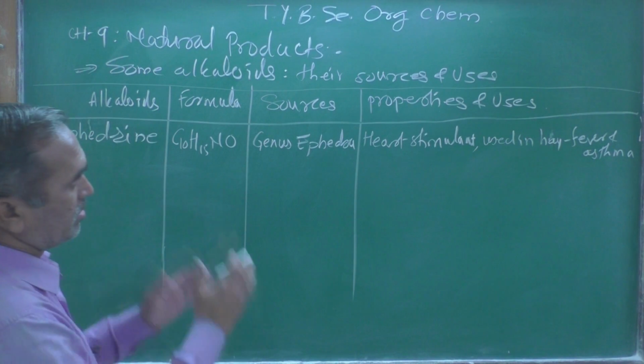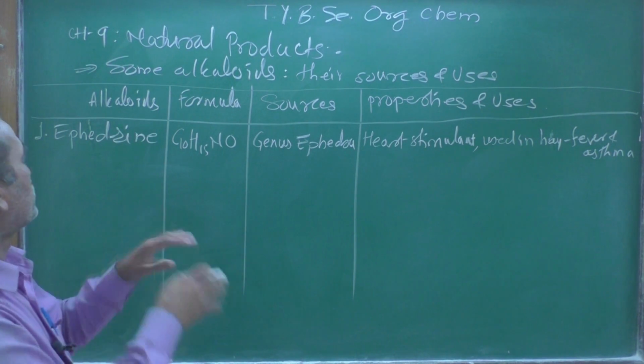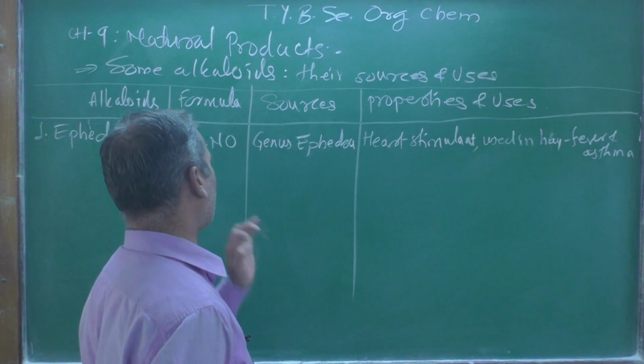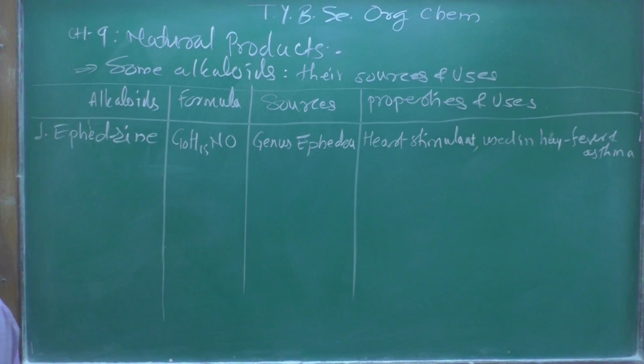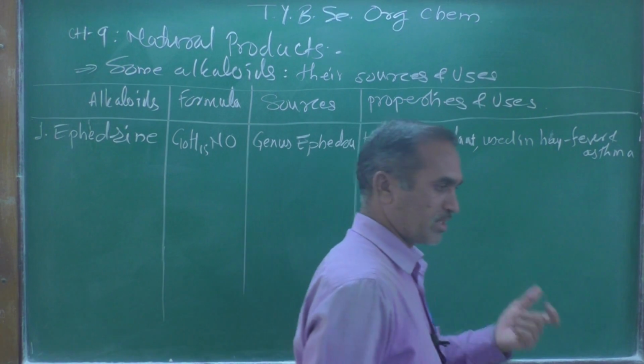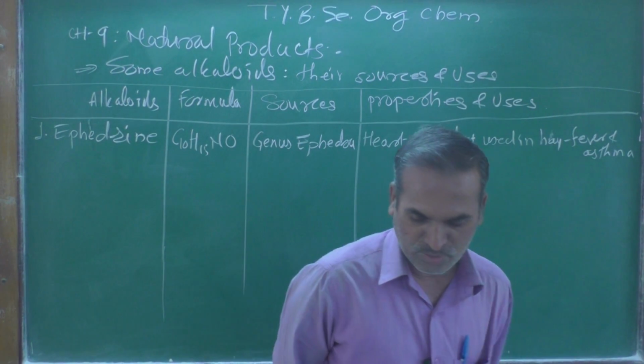So this is the property as well as the uses of ephedrine. It is one of the alkaloids which, if taken in a small amount, can act as a medicine, as we know.